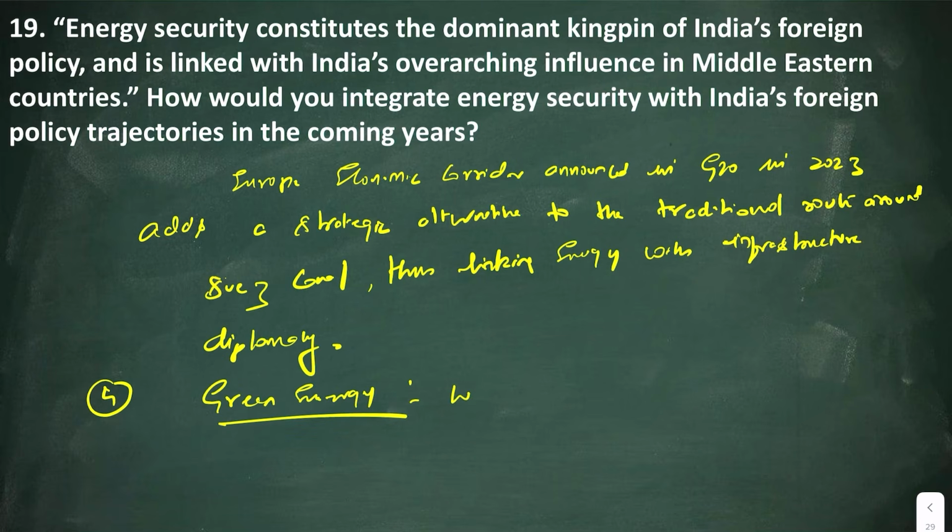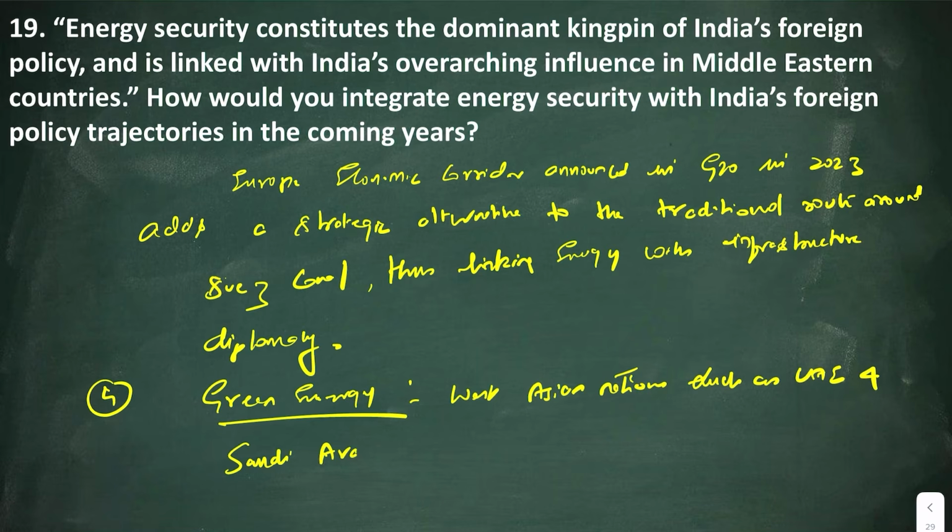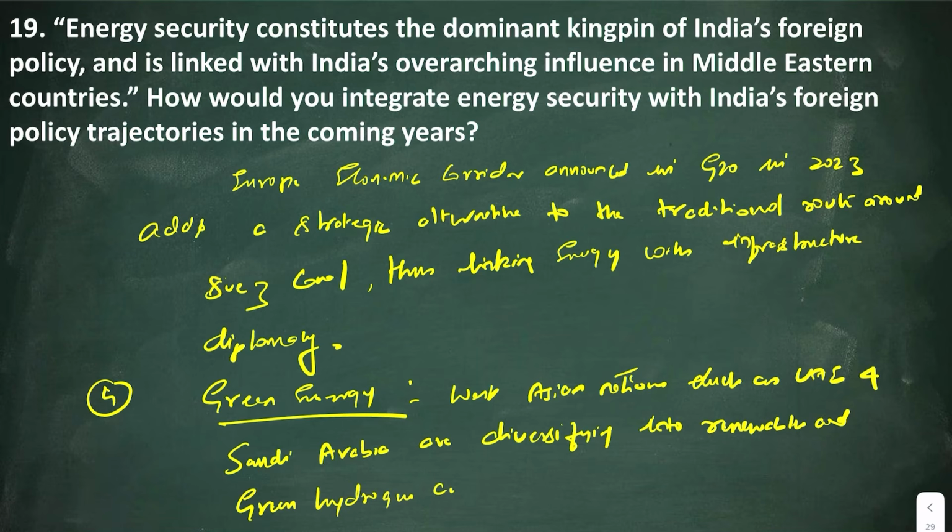West Asian nations such as UAE and Saudi Arabia are diversifying into renewables and green hydrogen, and India is emerging as their natural partner in these sectors.